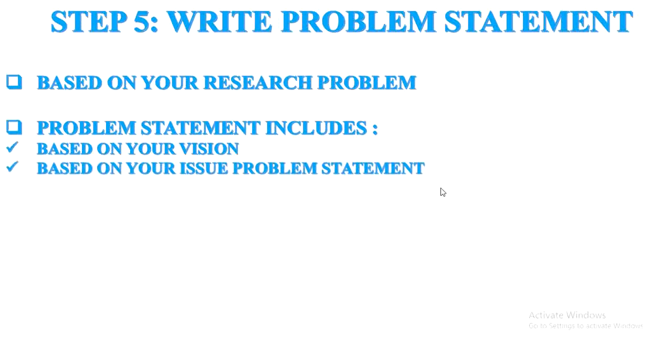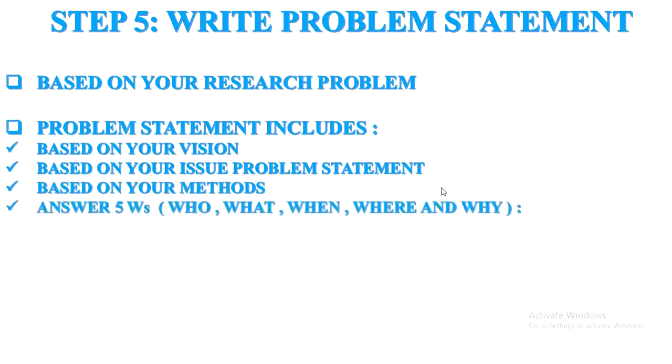Then it should be based on your methods. Then it should answer the 5 W's: who is the research for, what is the research, when you will conduct the research, where you will conduct the research, and why you are doing your research. So your problem statement should cover all these 5 W's.